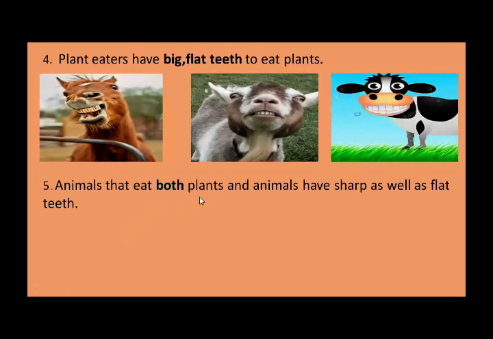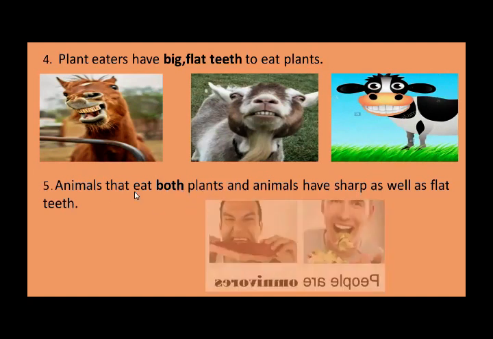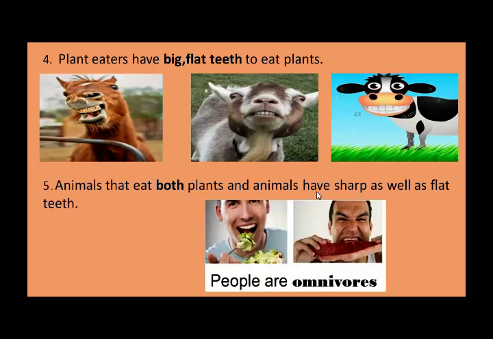And the animals that eat both plants and animals have sharp as well as flat teeth. That means omnivore. Okay, beta, omnivores can eat both plants and animals. So humans are an example of omnivore. We can eat vegetables, yes.